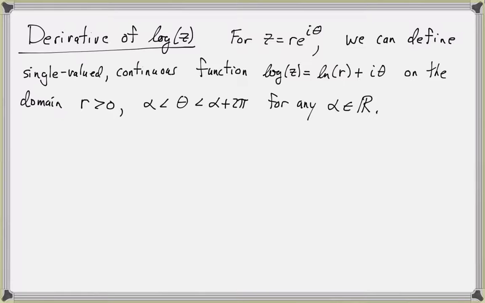So now this function will be single valued. So for any value of z equal to r e to the I theta, we just define it as natural log of r plus I theta.